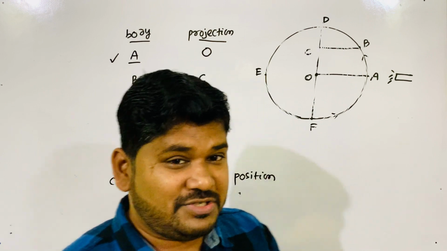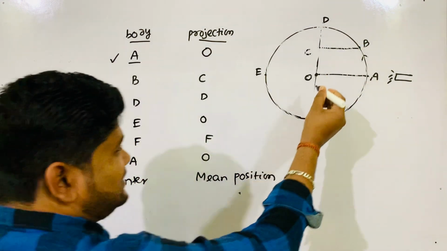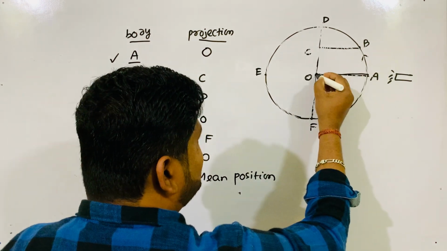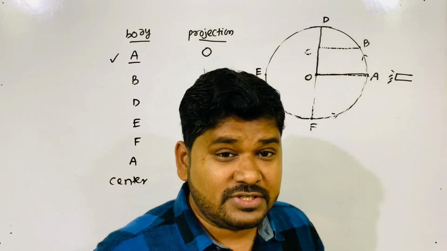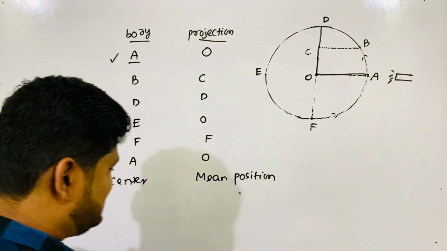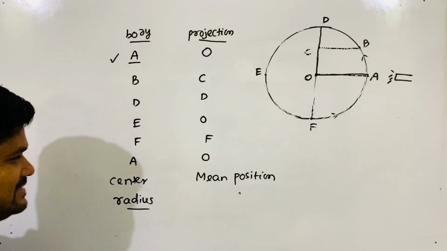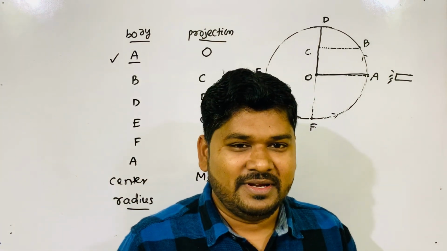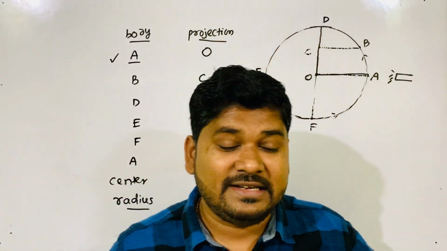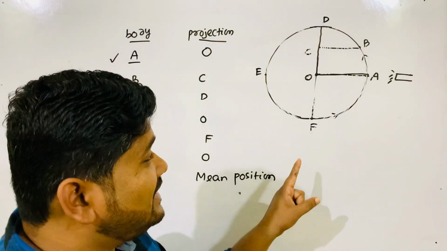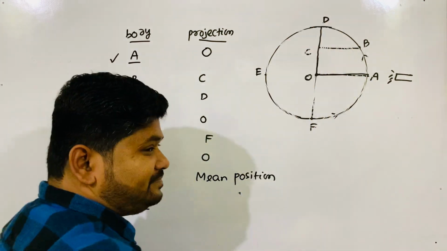Another thing, you see: when the body moves in circular motion, this OA distance or this OD distance, what is this in circular motion? This is the radius. But what role does that radius play in SHM? In SHM, this is the mean position, this is the extreme position.